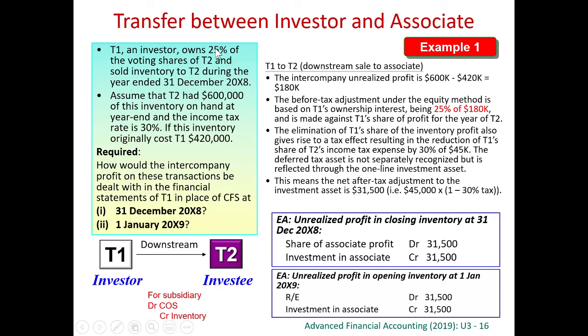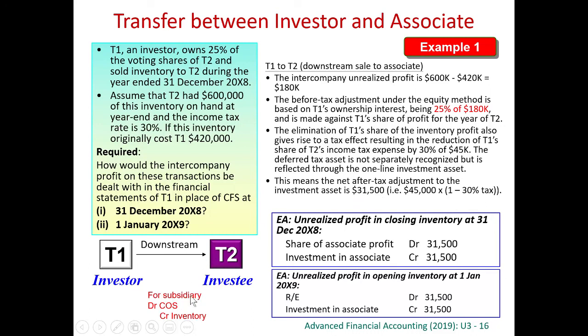But this is only a 25% associate. We don't share 100%, we share only 25%. So we adjust only 25% of this 180,000. And there will be a 30% tax effect. So we share only 25% of the 180,000, that means 45,000, and after tax the adjustment should be only 31,500.